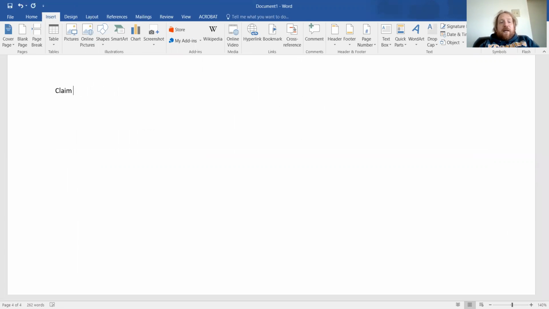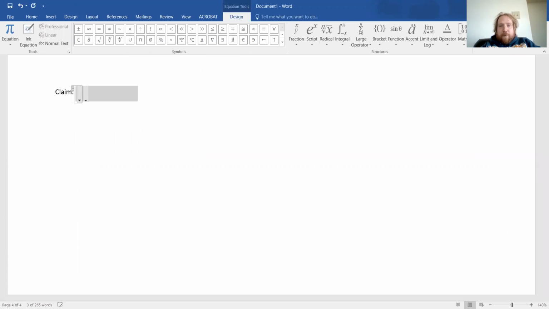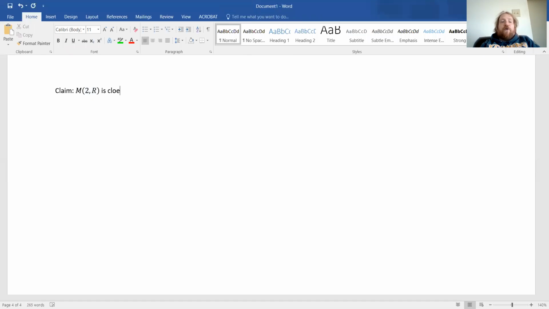Our claim is that the set M2R, the set of 2 by 2 real matrices, is closed under matrix multiplication.